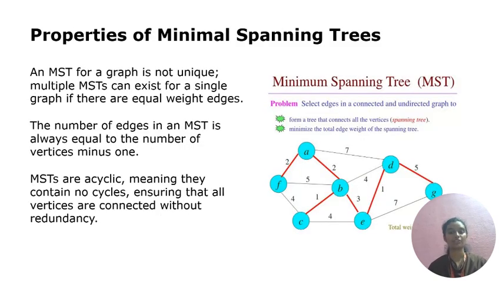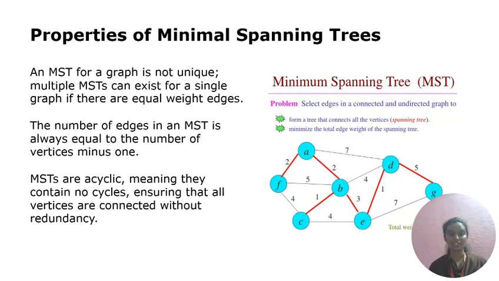The properties of minimal spanning trees. A minimal spanning tree for a graph is not unique. Multiple minimal spanning trees can exist for a single graph if there are equal weight edges. The number of edges in a minimal spanning tree is always equal to the number of vertices minus 1.